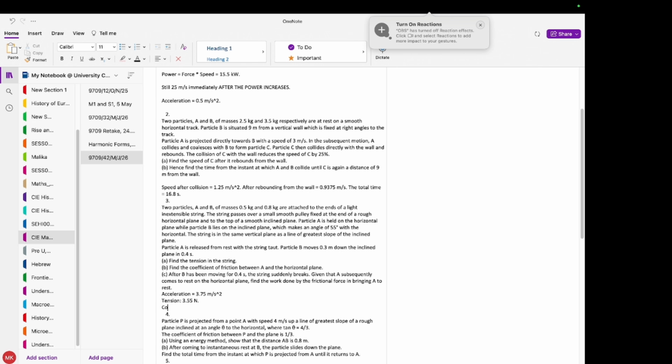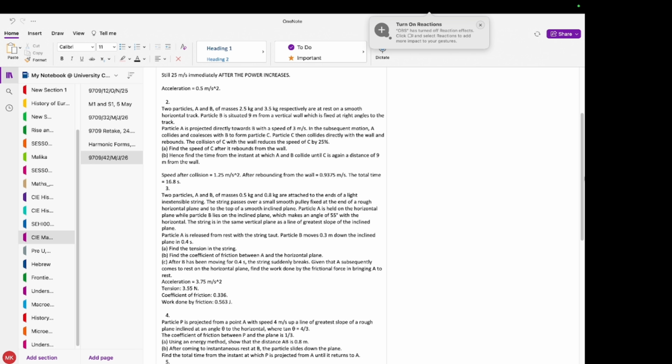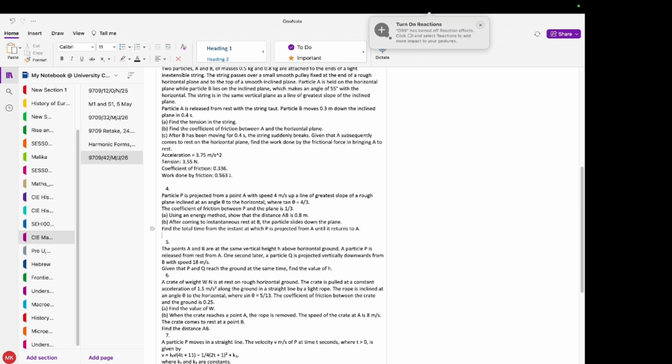The coefficient of friction 0.336. Work done by friction 0.563 joules. And this is all for question 3, which I would classify as a medium difficulty question.